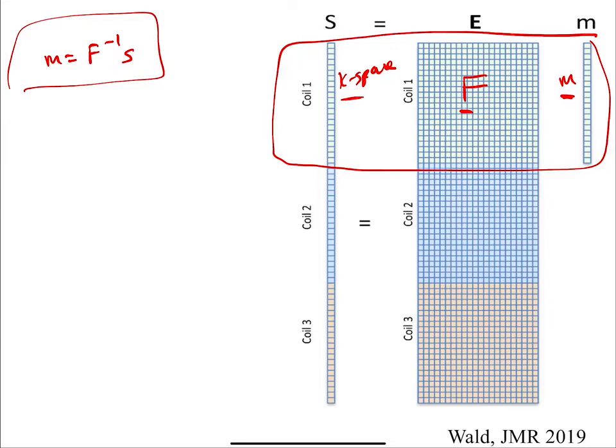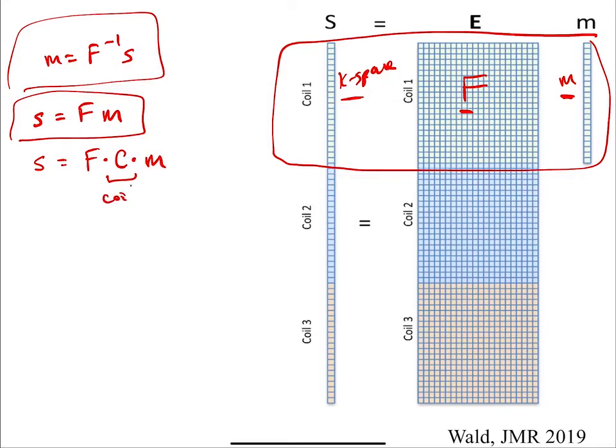So what we actually measured is S. Instead of what we've told you, that the signal is equal to the Fourier transform of the object, actually it's equal to the Fourier transform of some coil sensitivity. So what we get is Cm equals F inverse S, which is basically some measure of my object multiplied by the coil sensitivity.